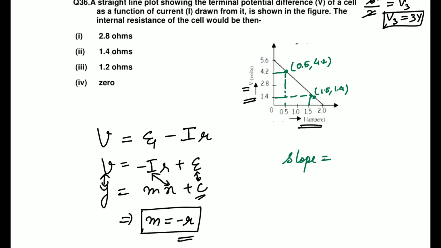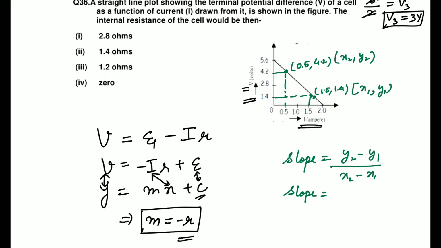Now slope is actually given as y2 minus y1 upon x2 minus x1. So let me just say this is my x1 comma y1 and this is my x2 comma y2, right? So slope will be equal to y2 minus y1. So y2 is actually 4.2 minus y1. What is your y1? Y1 is actually 1.4 divided by, what is your x2? X2 is actually 0.5 minus, what is your x1?